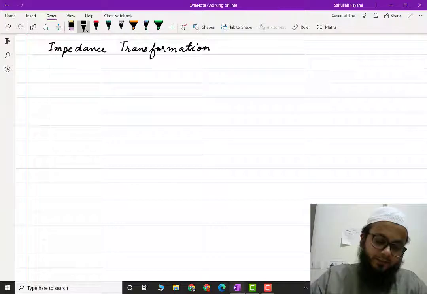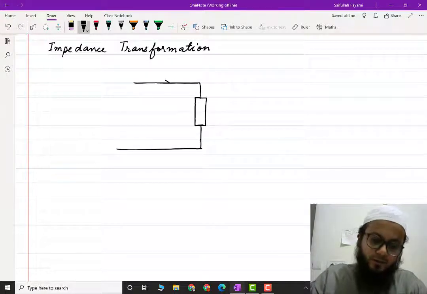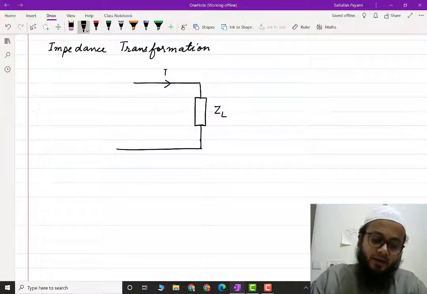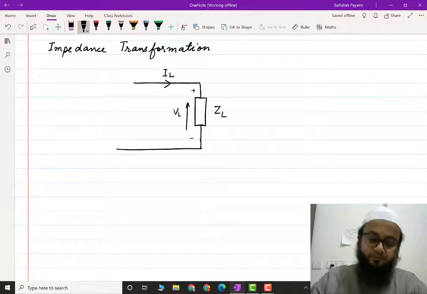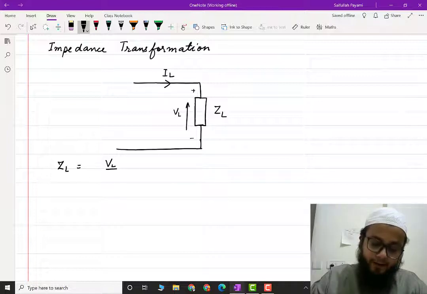Let's say this impedance ZL is drawing some current, let's say IL, and the voltage appearing across this impedance is, let's say, VL. So what we say is ZL would be VL by IL.